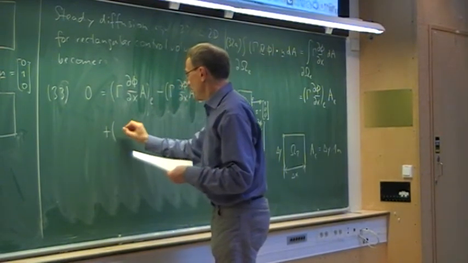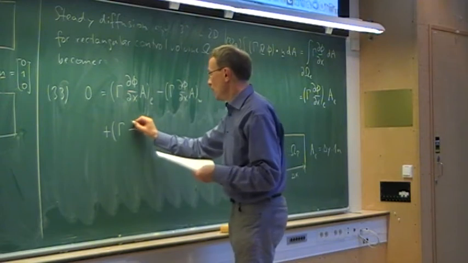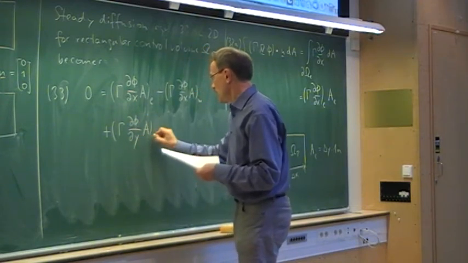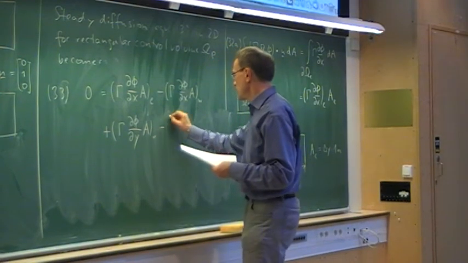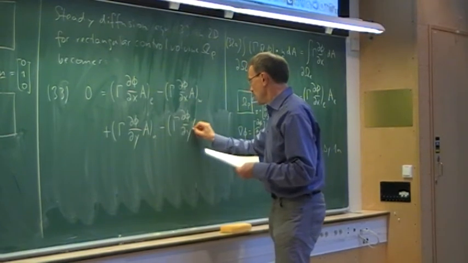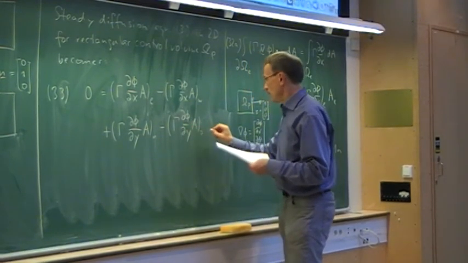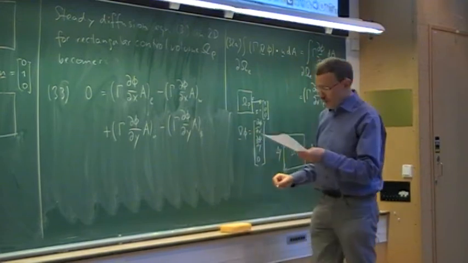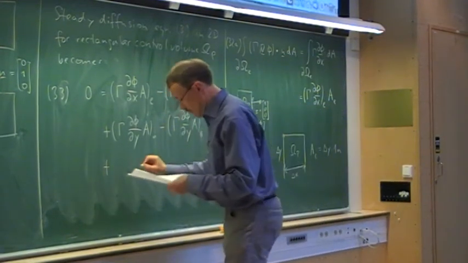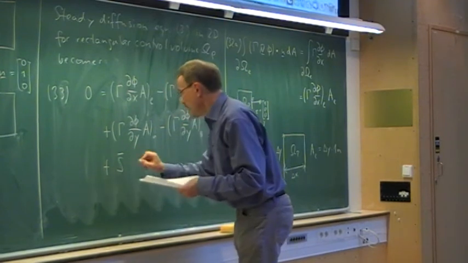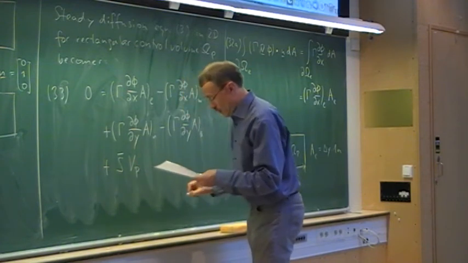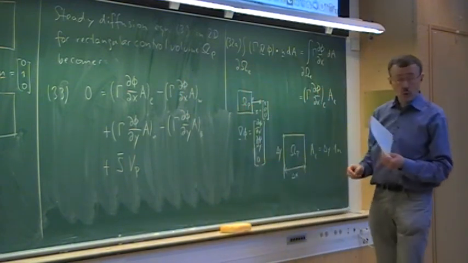And we have the diffusive flux over the northern face, which is d phi dy times the area at the northern face, minus the diffusive flux d phi dy times the area at the southern face. And then we have the source term. The source term is the average source term S bar times the volume of the control volume.